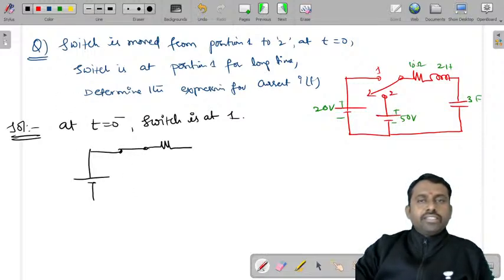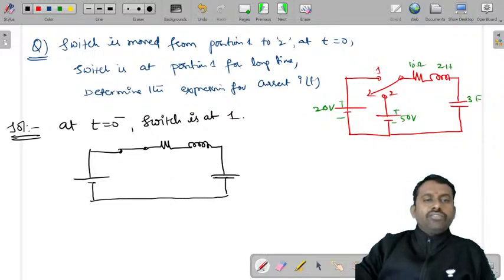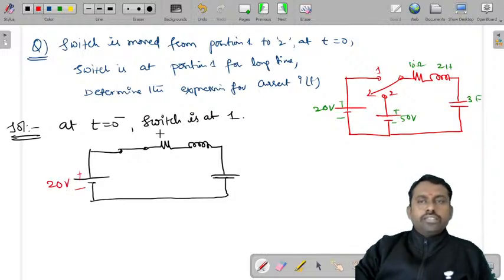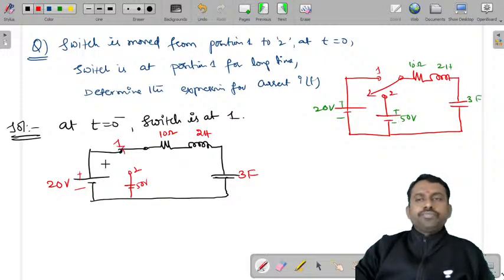So you have a resistor and an inductor and a capacitor. So this is 20 volts, resistor 10 ohms, inductor 2 Henry, capacitor 3 farads. And you also have 50 volts, which I'm not considering now because the switch is at position 1.